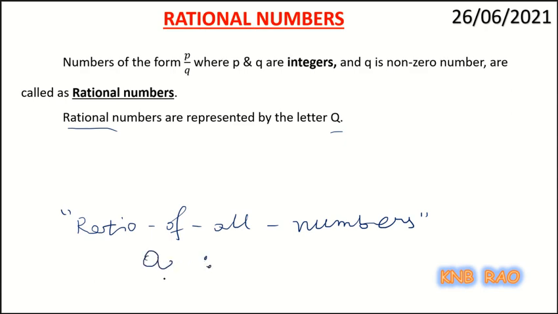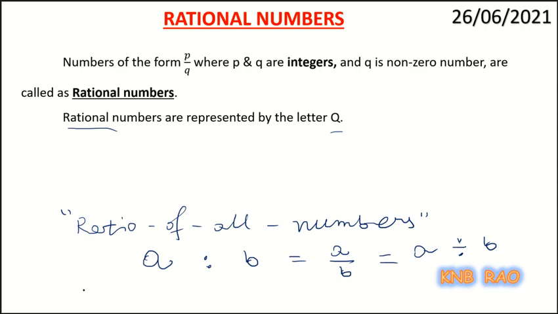You consider any two numbers and take their ratio, you will get the numbers such as this. This ratio of any two numbers is actually another name for division operation. When A is divided by B, then only we call it A is to B. That means it is another name for division operation.